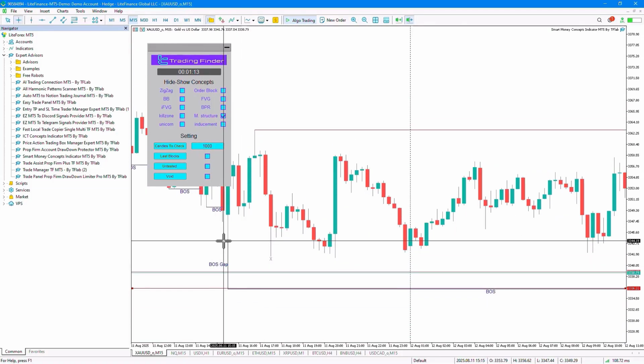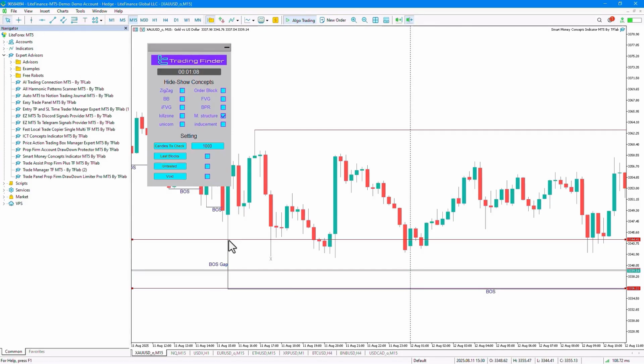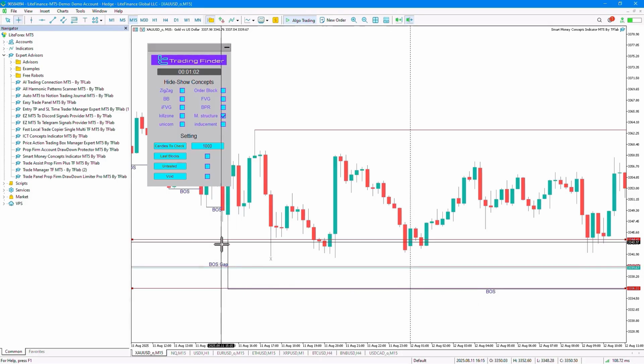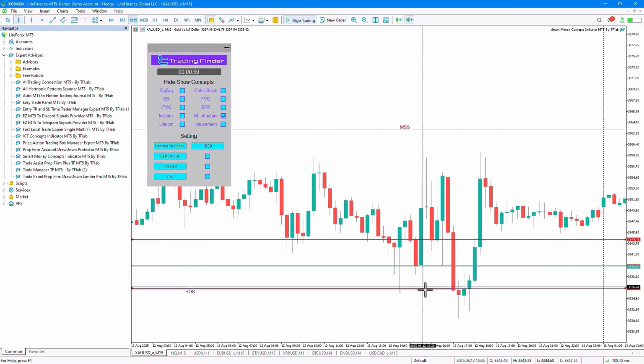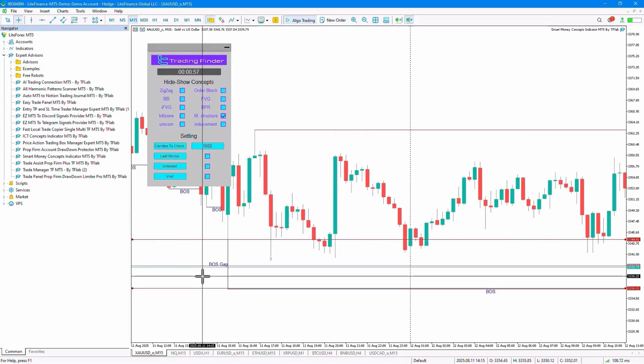Here, we can also clearly observe the significant price movement, which has shifted from this initial point to this subsequent point. That is, the first point where the BOS should have occurred was at this level, and after that it shifted to this level, which is identified as the BOS gap.